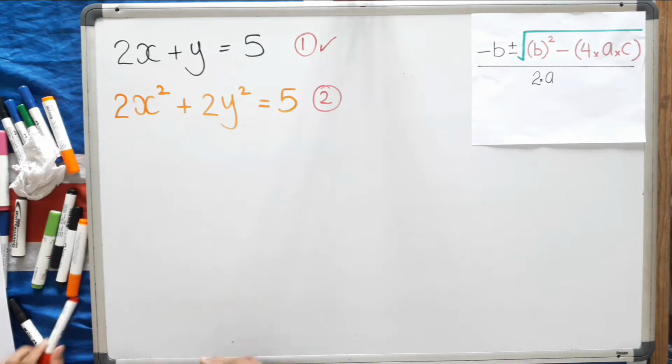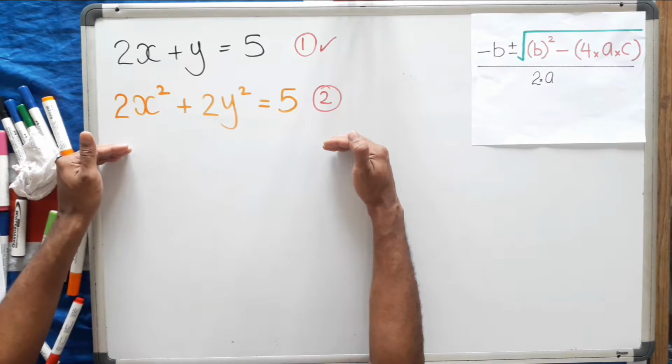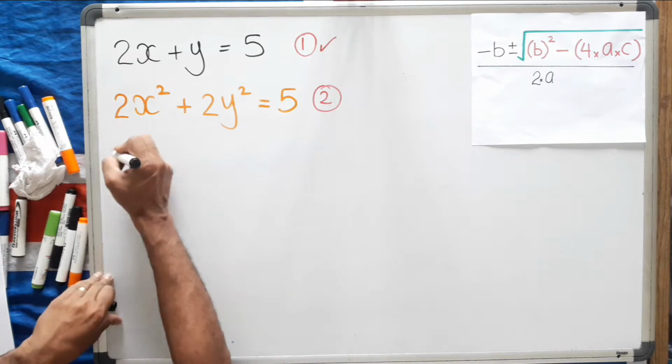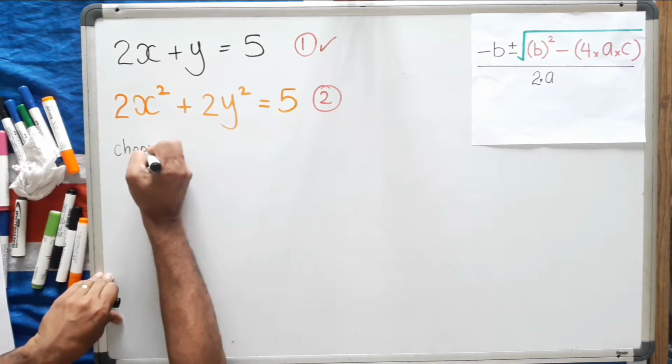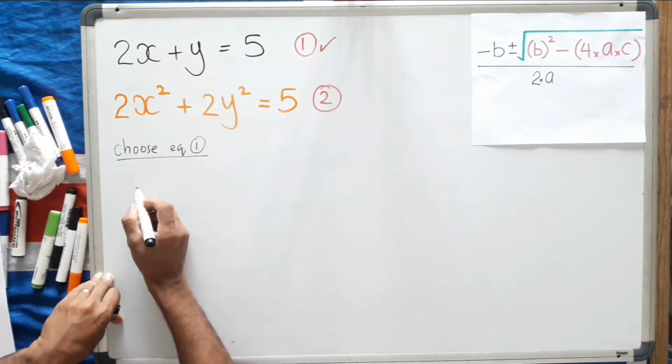So I'm just letting you know that if you chose equation 2 first and you use the substitution method, you will get the same exact answer, but the working will be much longer. So let's stick with the basics. I'm going to choose equation 1, because it's the easier looking of the two equations.